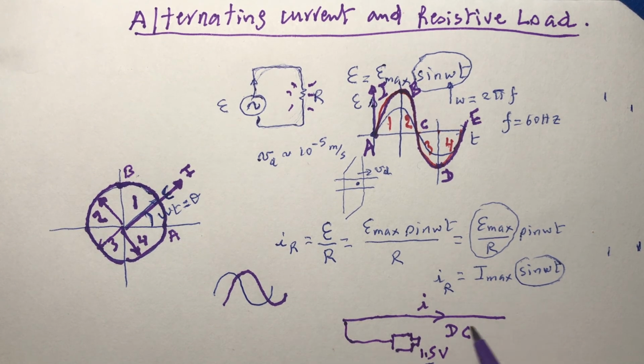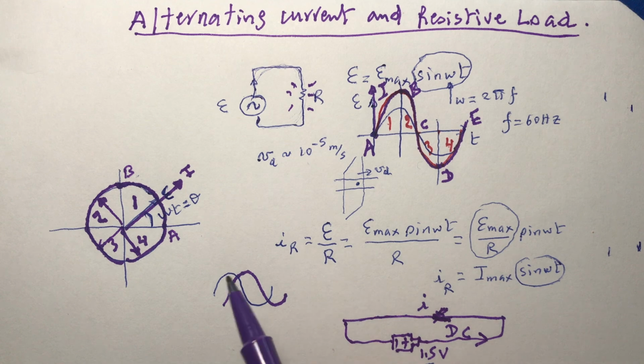What happened? You hook it up to the wire. This is plus, that's minus. The current will go this way. It's direct current. Let me make it going this way. One direction. Now for AC, it goes back and forth, back and forth. And then it has a frequency, okay?